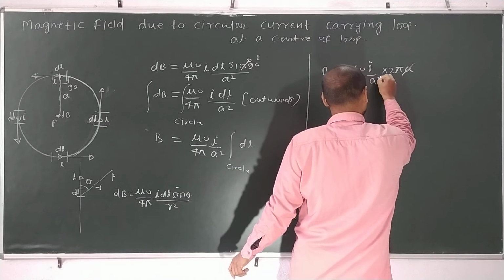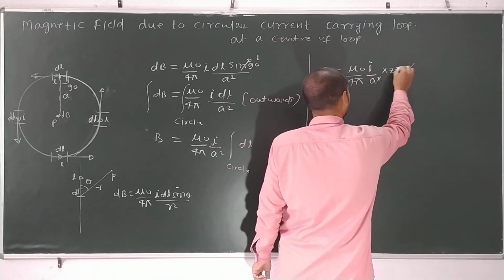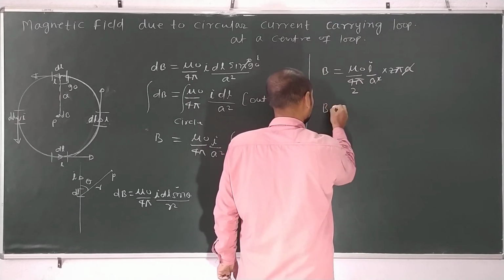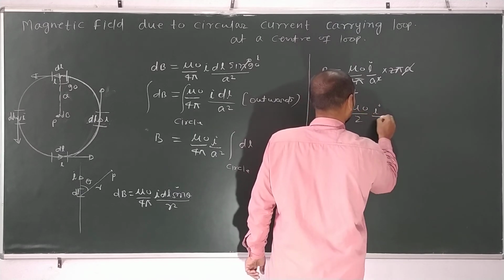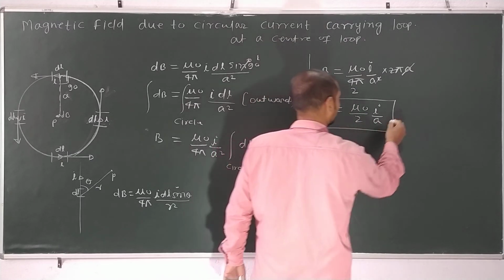The a square and a cancel, and the 2 pi with the 4 pi gives 2, so we get the magnetic field equal to mu naught upon 2, I upon a, and the direction of this magnetic field is outwards.